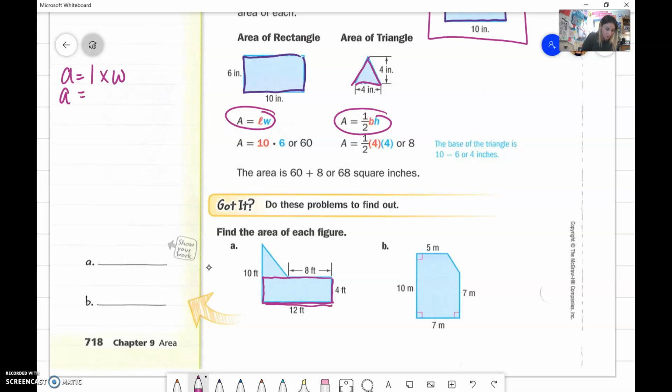So A equals 12 times my width, which is 4. So A equals, when I do 12 times 4, I get 48. So in here, I get 48 feet squared. I'm not going to write feet squared in there, but I'm going to write feet squared at the back end so that I know that I'm talking area.